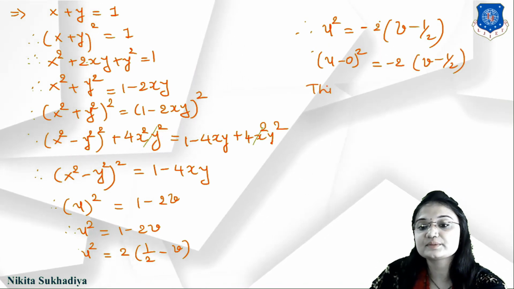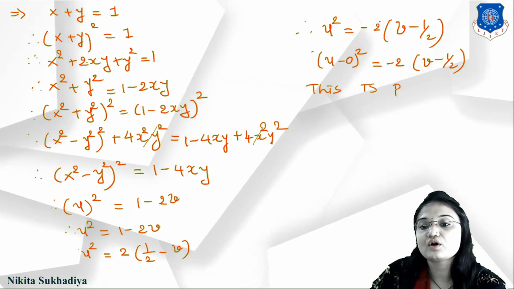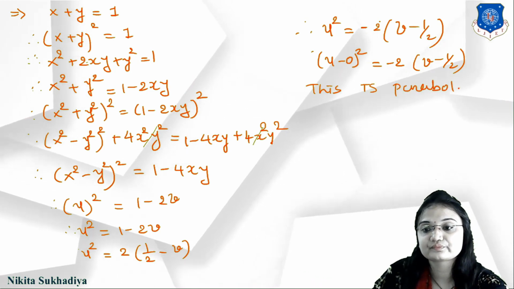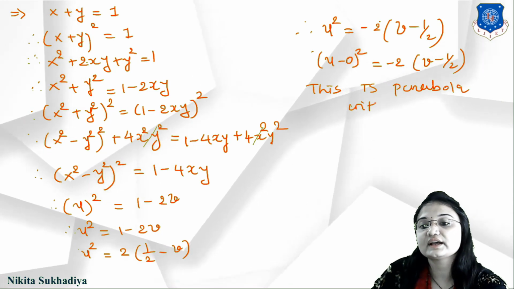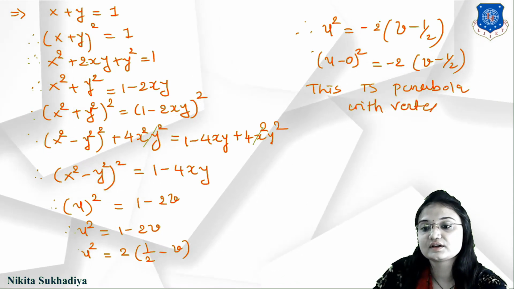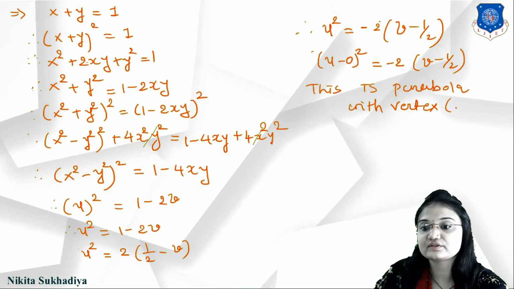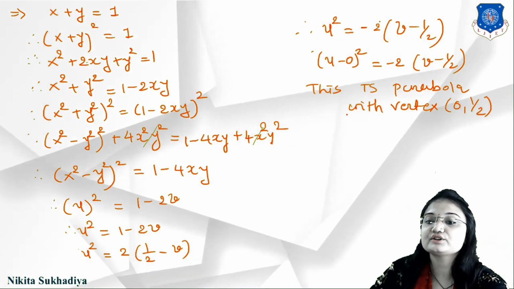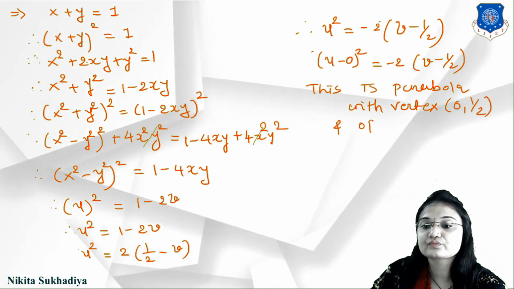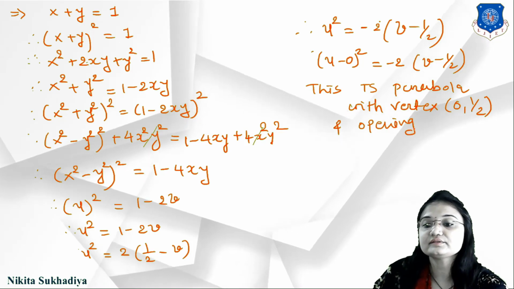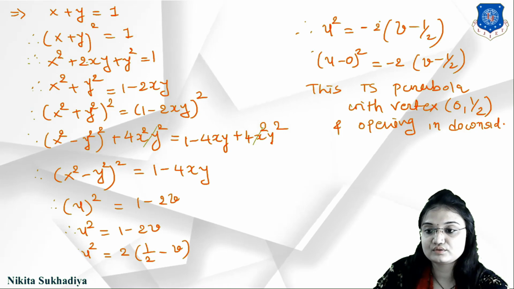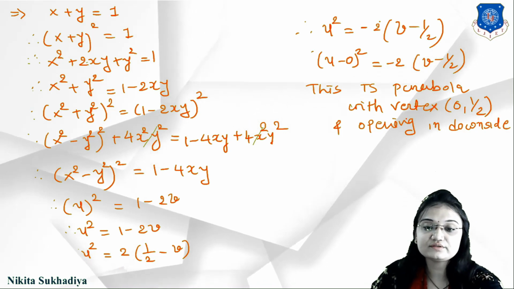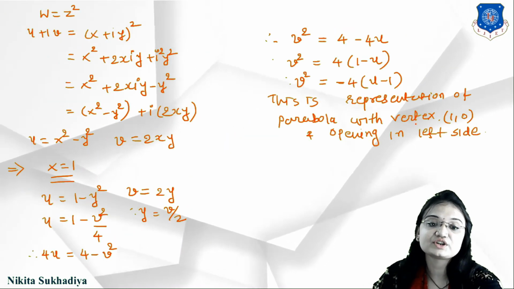This is the representation of a parabola with vertex (0, 1 by 2) and opening in the downside.